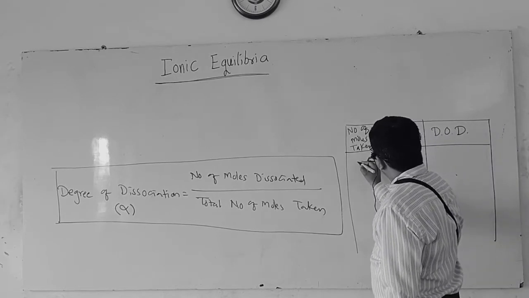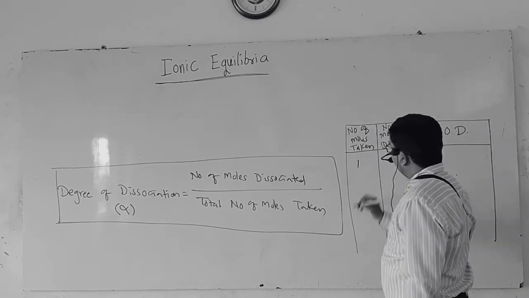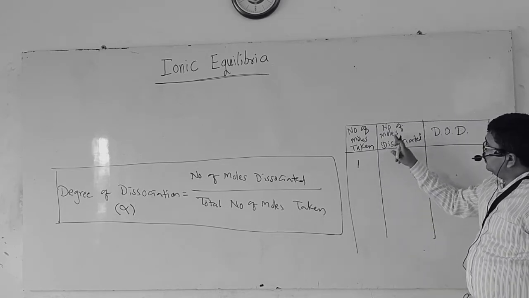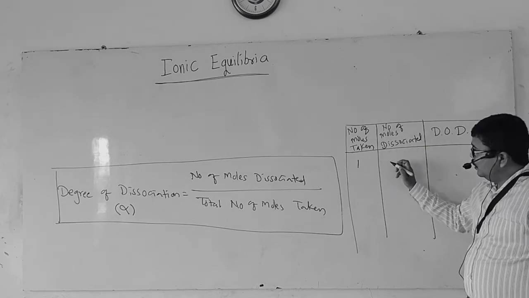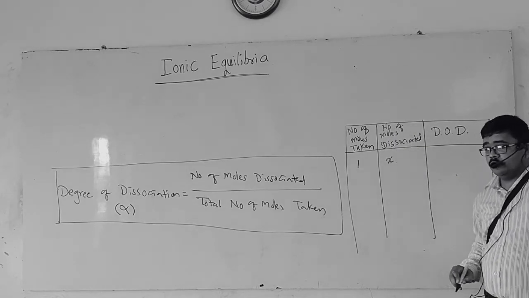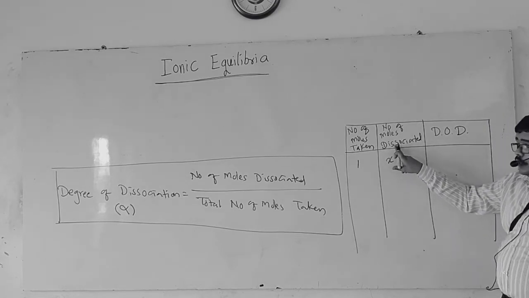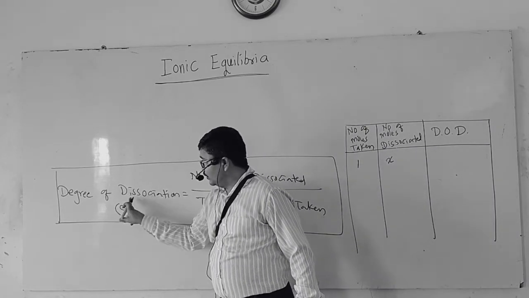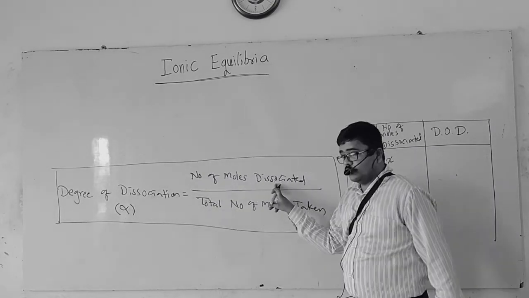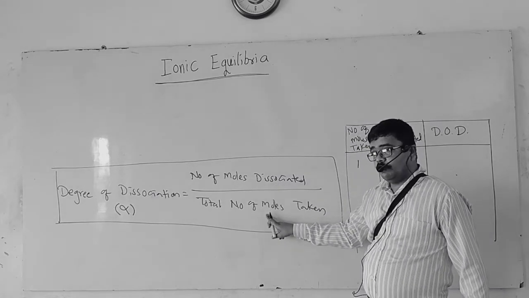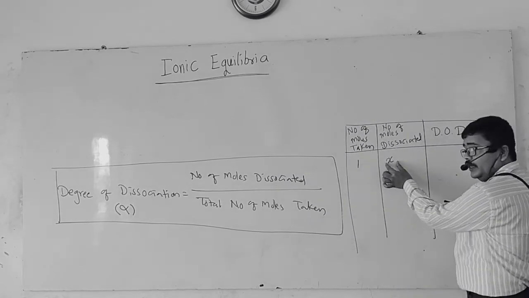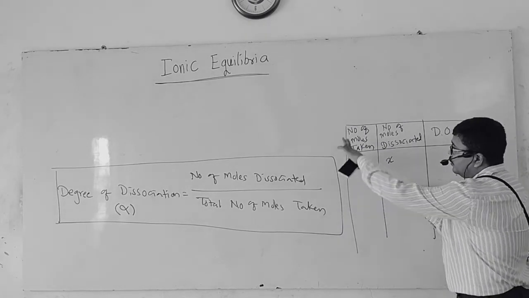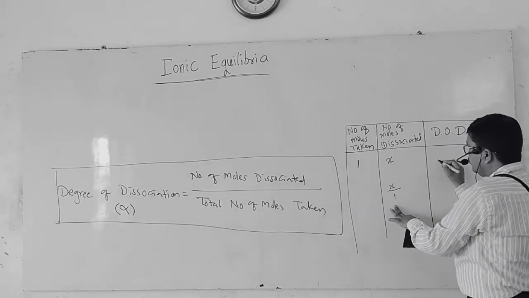If suppose you take 1 mole of electrolyte, out of this 1 mole, how many moles are dissociated? Suppose X mole of electrolyte are dissociated. What is the formula for DOD? Number of moles dissociated upon total number of moles taken. That is X upon 1.